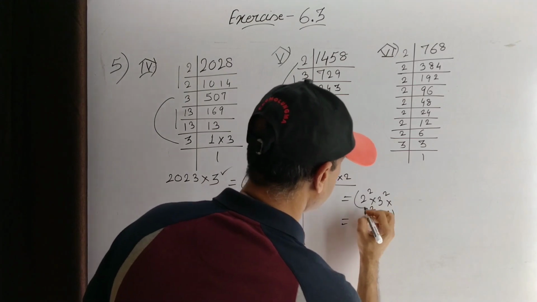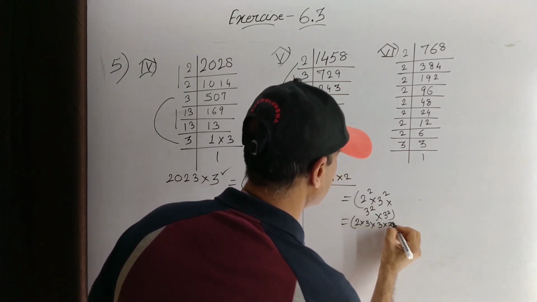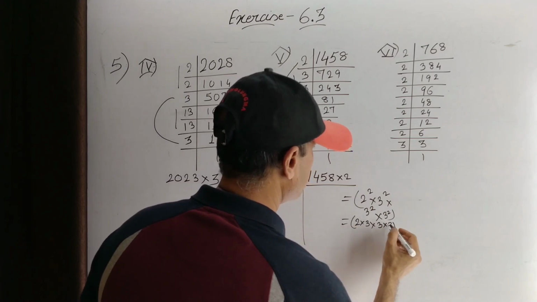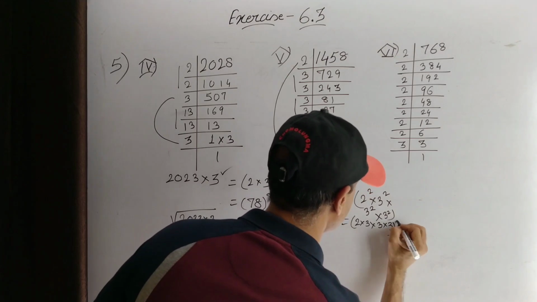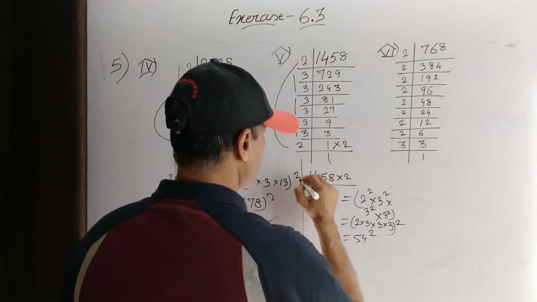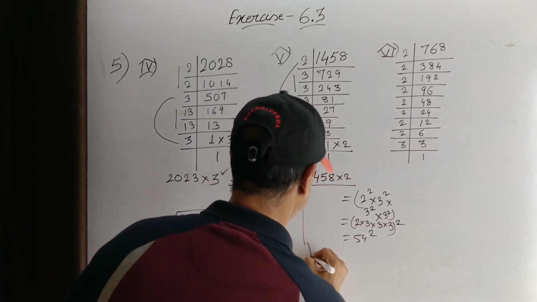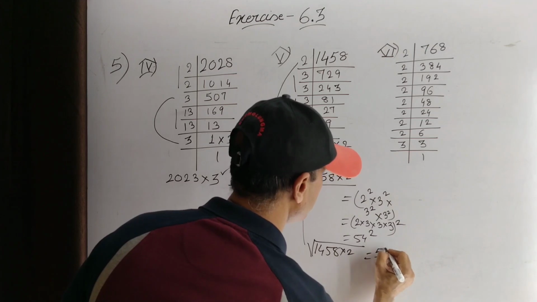So we will have 2 into 3 into 3 into 3. So we have 3 into 3, 9, 9 threes are 27, into 2 is 54 square. So the square root of this number obtained, that is square root of 1458 into 2, will be 54.